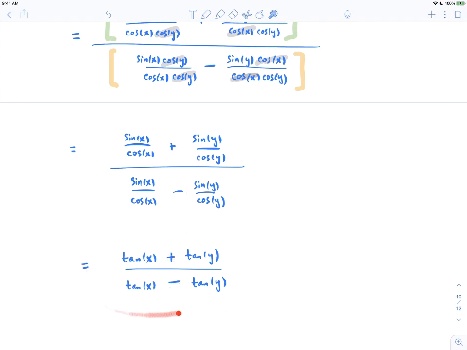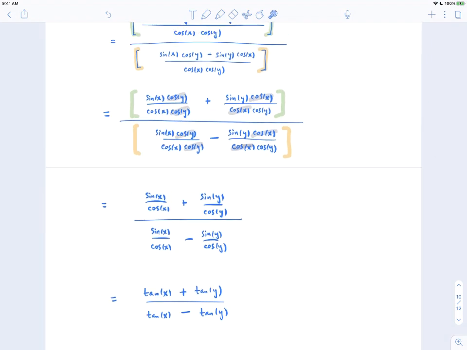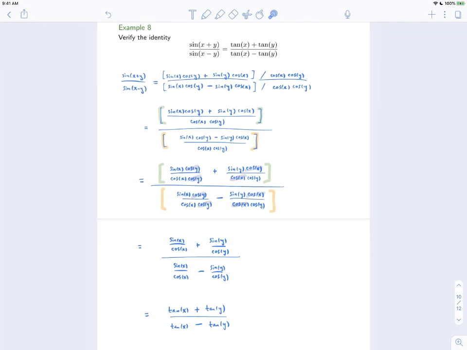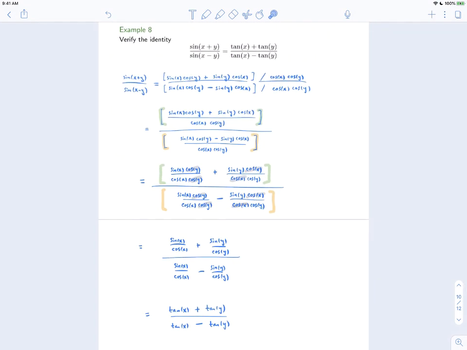But this is exactly what we were trying to show. If we shrink all this down so we can fit it all onto one screen, we wanted to show that sine of x plus y divided by sine of x minus y was equal to tangent x plus tangent y divided by tangent x minus tangent y. And that's what we have here. So that verifies this identity.